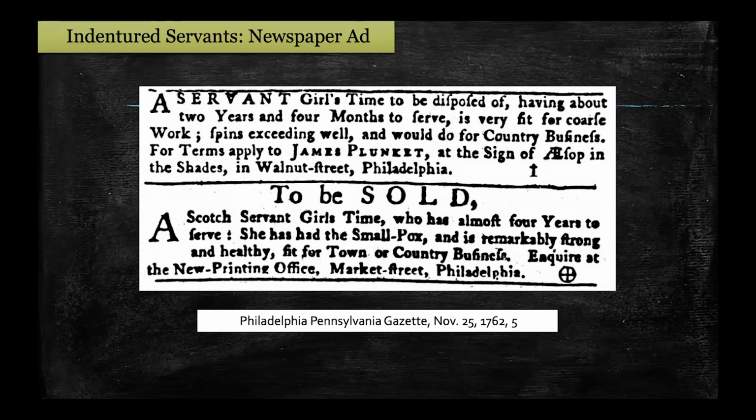Now, think about this. The people who are buying these contracts are wealthy Englishmen, Englishwomen. The people who are indenturing themselves are children and teens, mostly children and teens, Irish and Scots, who the English look down on anyway.